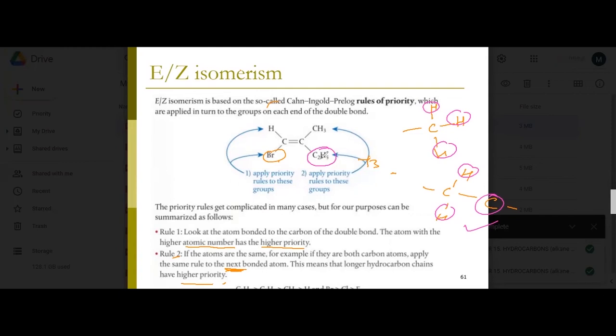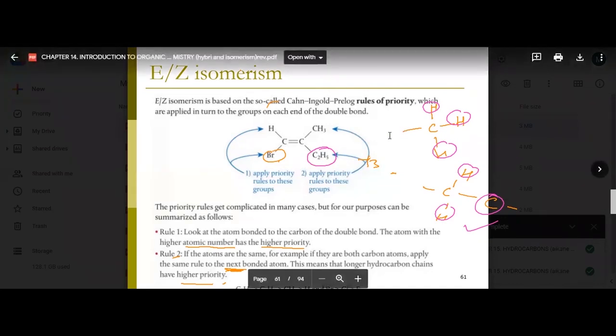Next, we already got the higher priority groups, and you can see here that the priority groups lie on the same side, right? So is it the E or Z isomer? You still remember E?